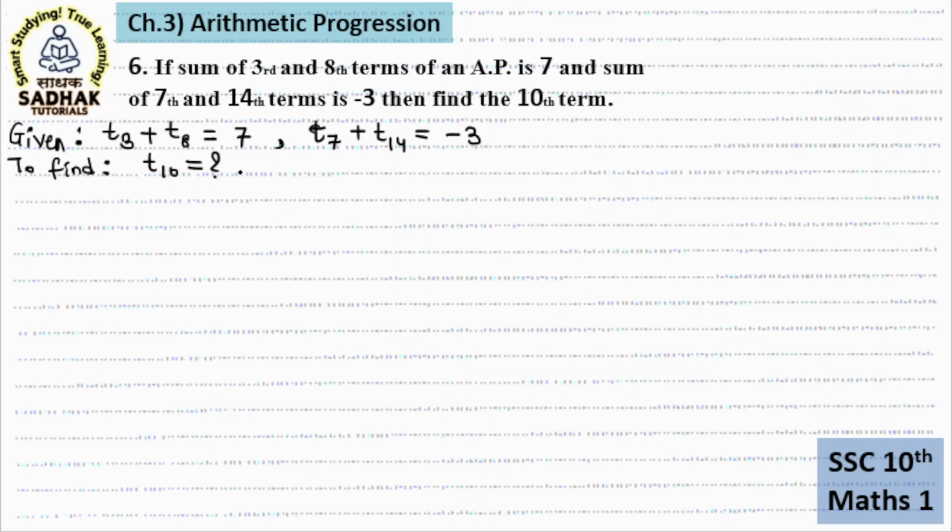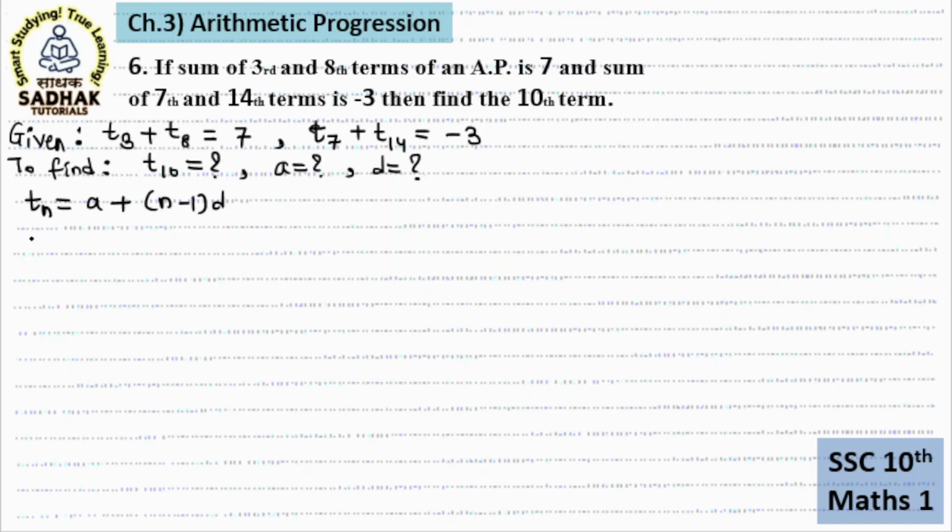Okay, now for solving T10, first we should know what a is and what d is. Only then we can find out T10. For this, we will do the same thing that we have done in our earlier sums. We will use the formula Tn is equal to a plus n minus 1 d, and using this formula we can find the values of T3, T8, T7, T14.